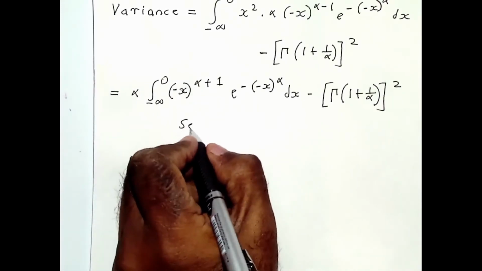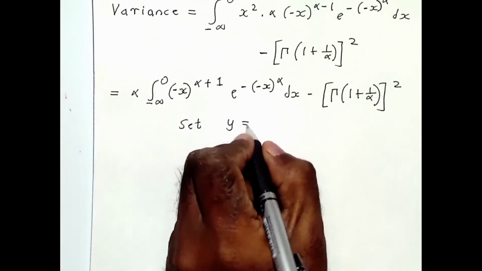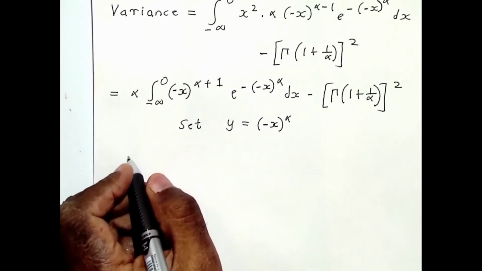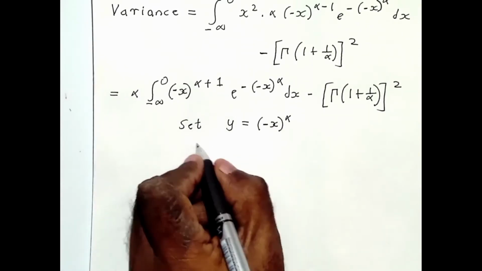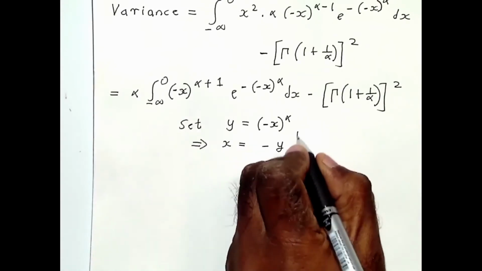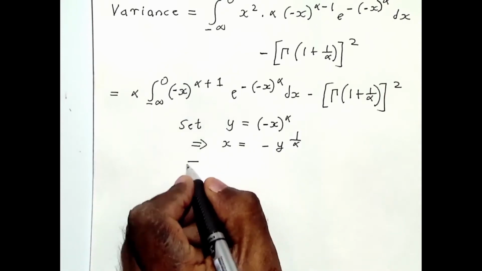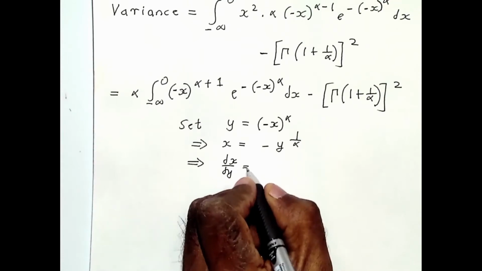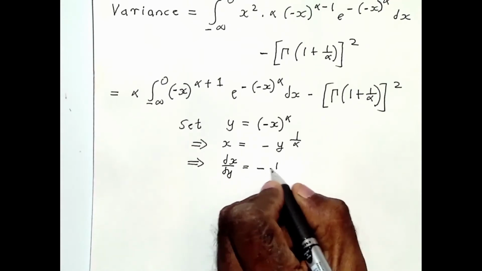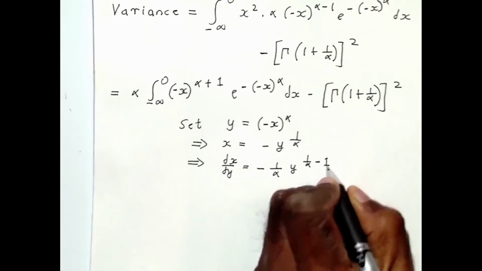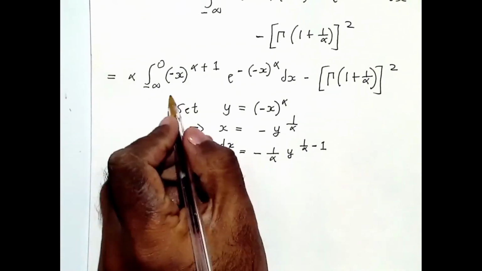So I'm going to set this, which implies that x is equal to minus... so dx by dy... Now let me put this in a box.